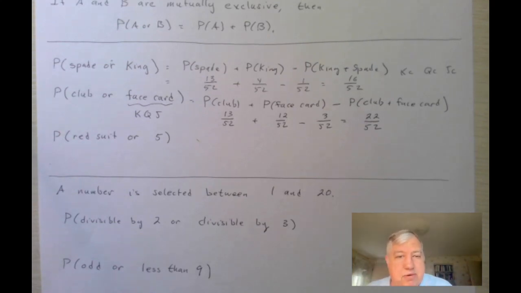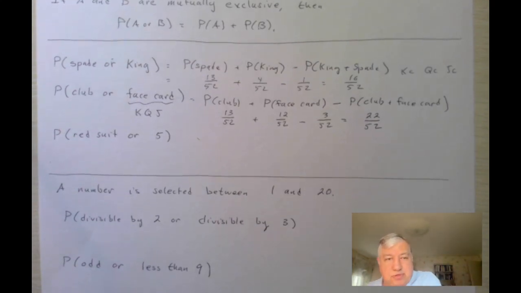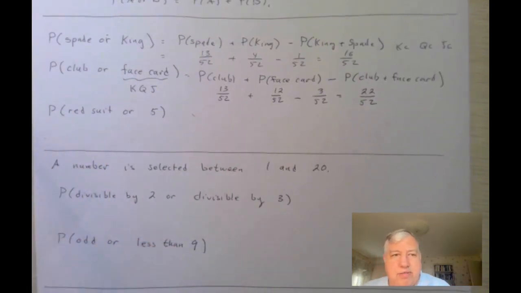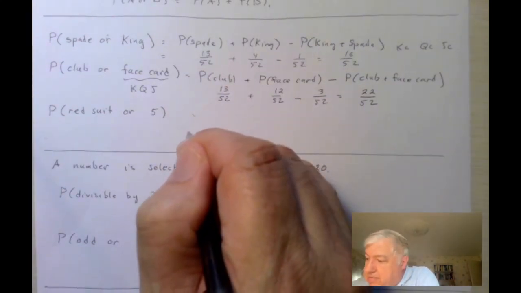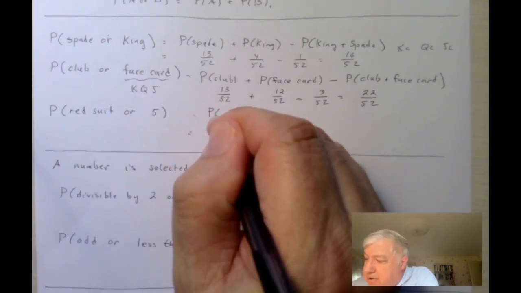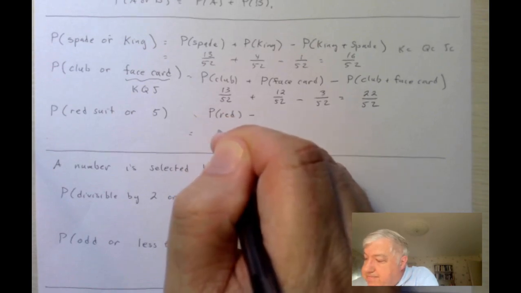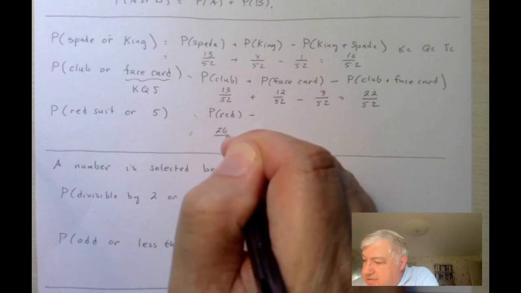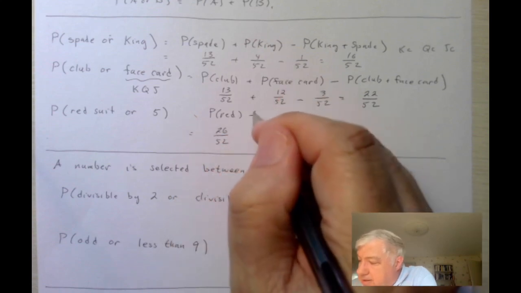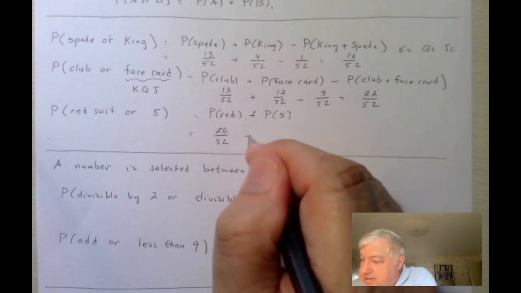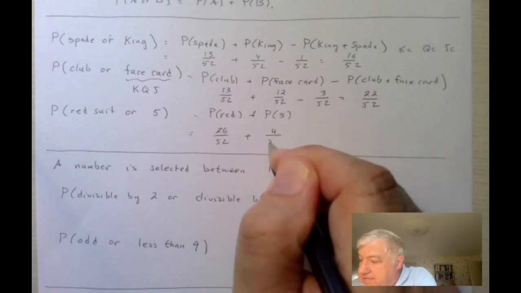And the probability of a red suit or a 5. Okay, well, remember, half the deck are either hearts or diamonds, so half the deck is red. So the probability of a red suit is going to be 26 over 52. The probability of a 5, there are 4 5s in the deck, so this would be plus 4 over 52.